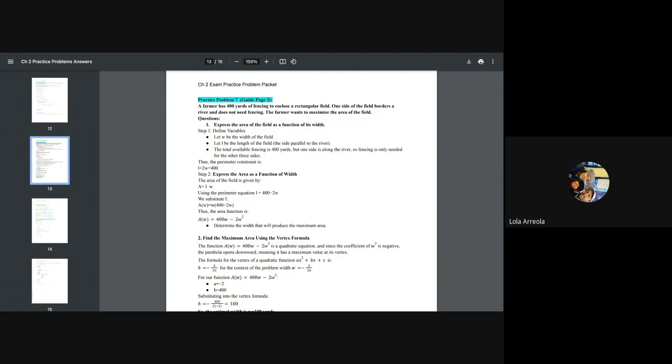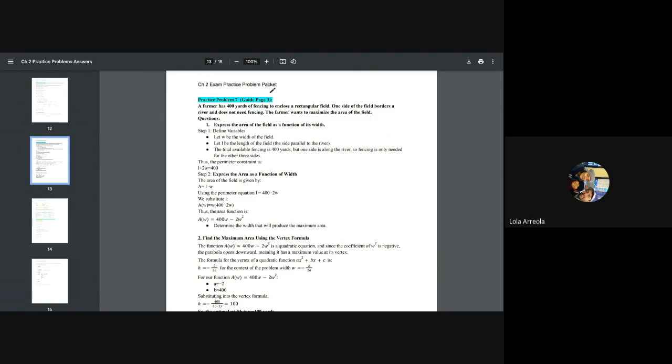So what I'm dealing with is just one length, one width, and another width. This side I don't need to worry about fencing, okay? Just here, here, and here. So I'm going to use all 200 yards of my fencing to just enclose a width, a length, and a width. And I don't have to worry about this side because, as the problem mentioned, there's a river here.